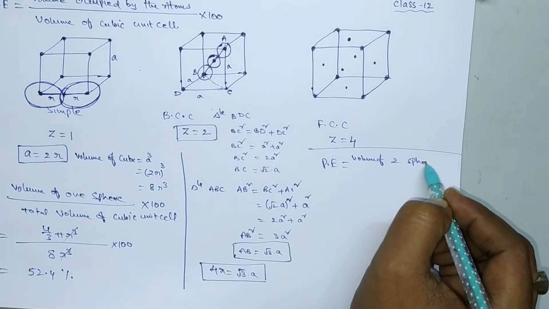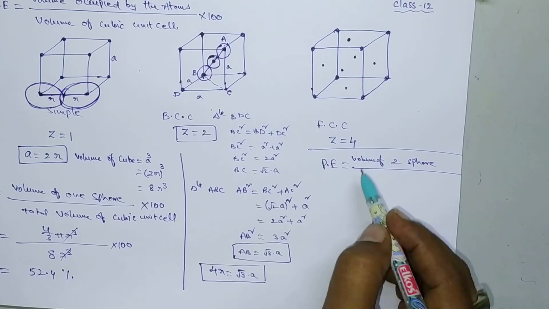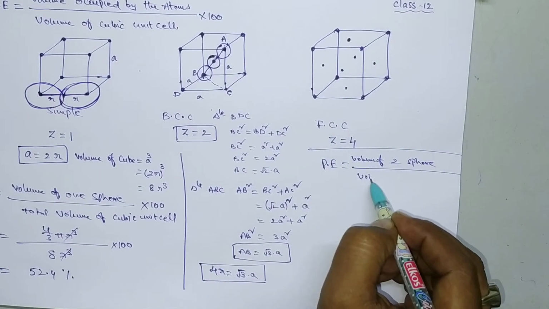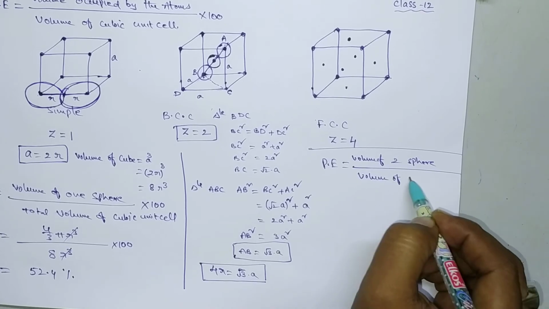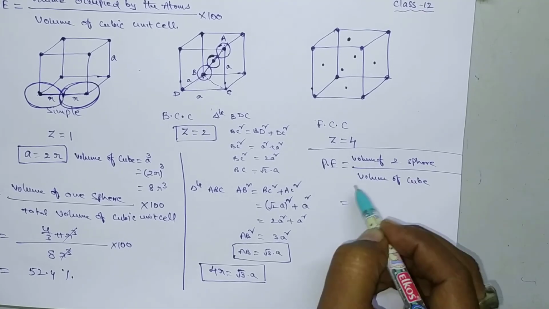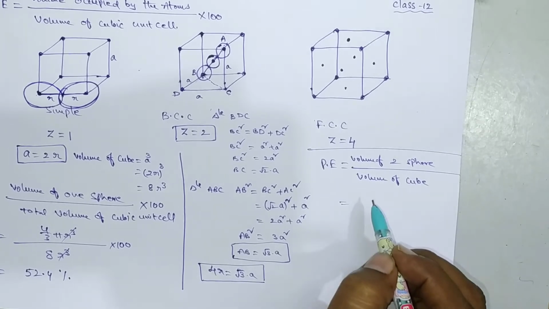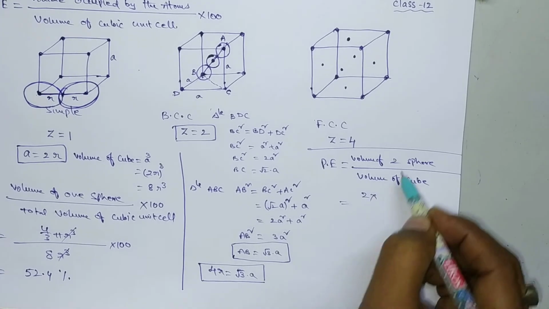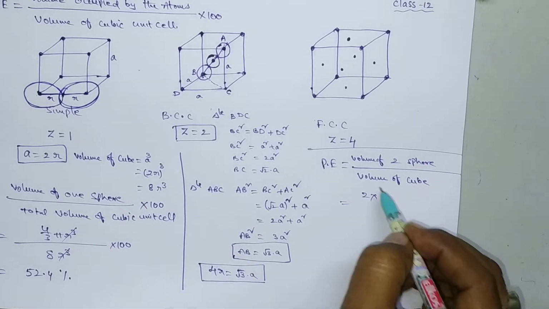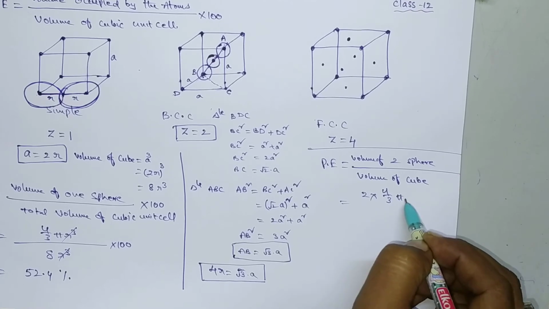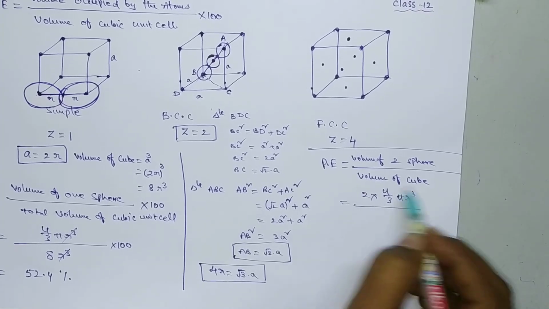We have to consider the volume of 2 spheres upon the volume of the cubic unit cell, that is simply the volume of the cube. So the volume of spheres means 2 into 4/3 pi r cube, whole by the volume of cube.